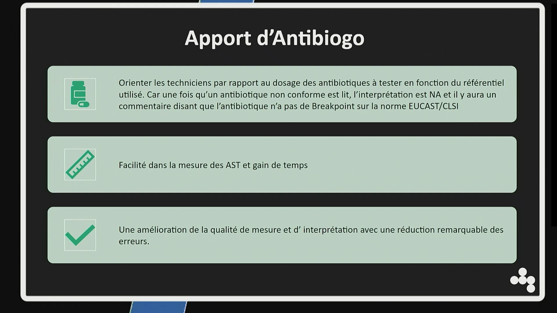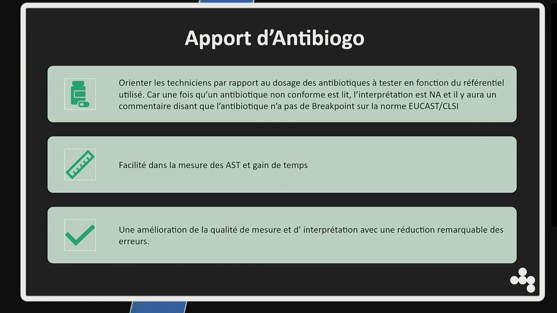Antibiogo tells them if it's not the right dosage of antibiotic, the message is NA, non-applicable. And it also says if there is no breakpoint possibly in the EUCAST or CLSI standards. It really helps us save time. That's one big plus compared with the former method.